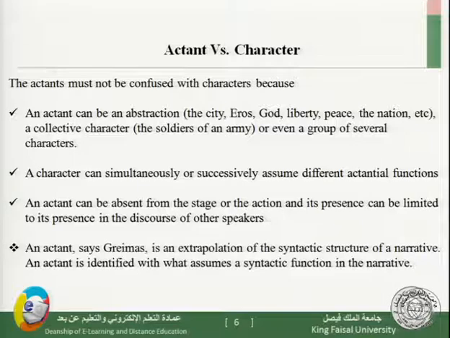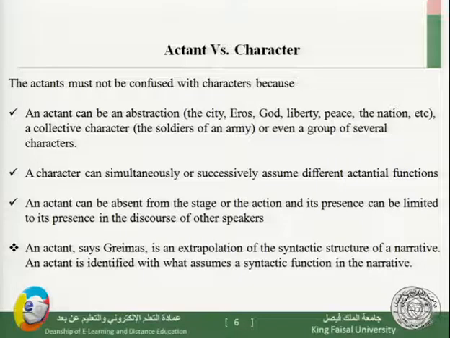Also, one character in a novel or a story can simultaneously or successively assume different actantial functions, right? The same character can be subject and receiver. The same character can be subject and sender. An acton also can be absent from the stage or the action.